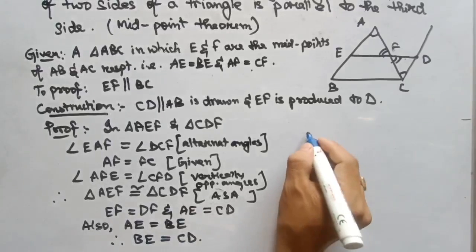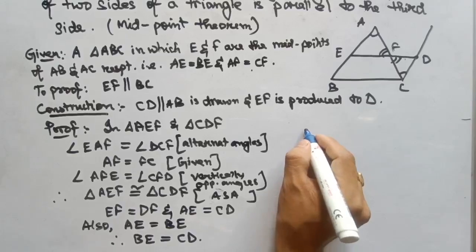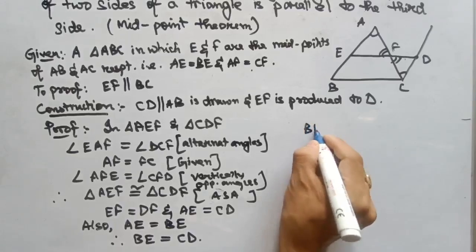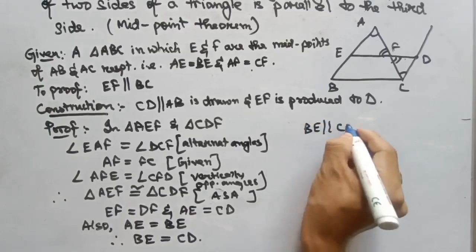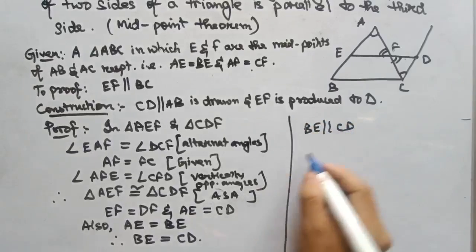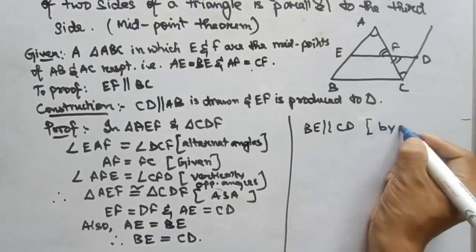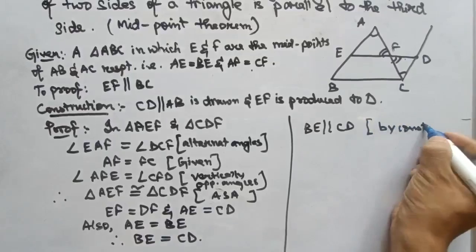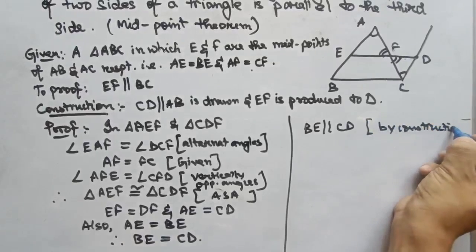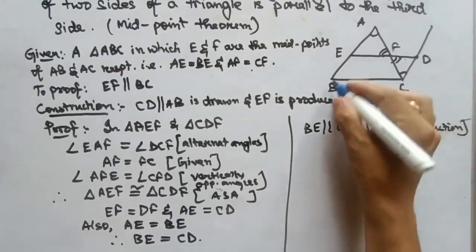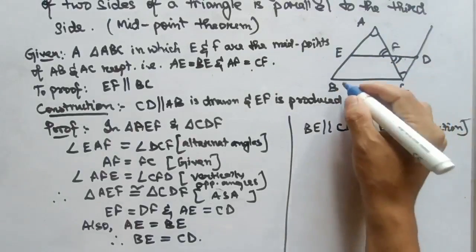And also we know that BE is parallel to CD. This is by construction. We have drawn CD parallel to BE.